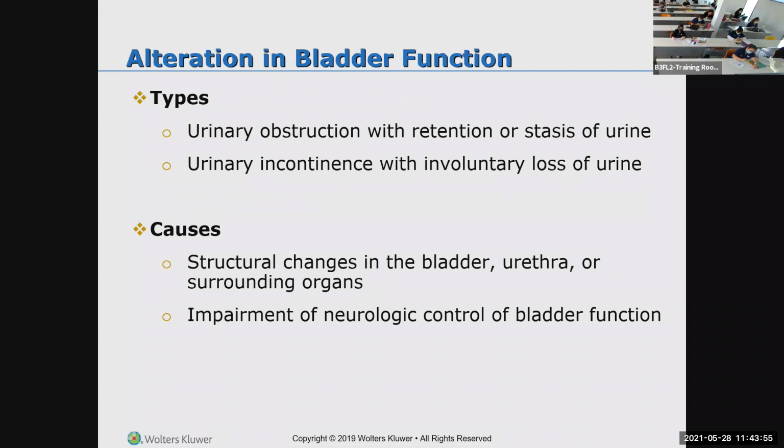Now, alteration in bladder function. Bladder function is altered. Types: number one, urinary obstruction with retention or stasis of urine. Number two is urinary incontinence. Please highlight both of these: urinary obstruction with retention, and urinary incontinence with involuntary loss of urine, no control.